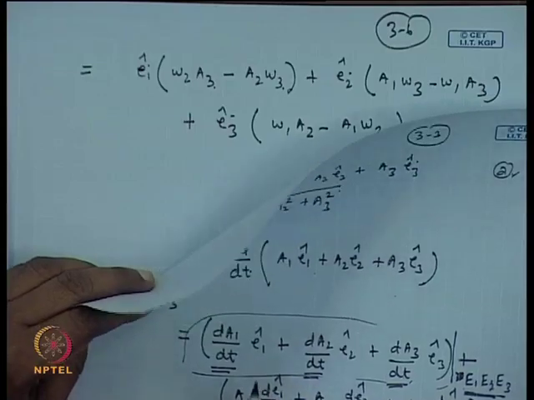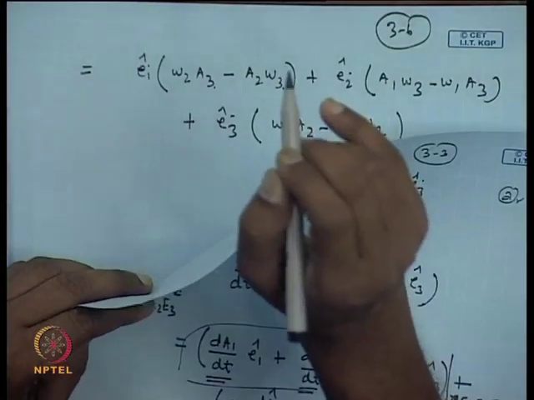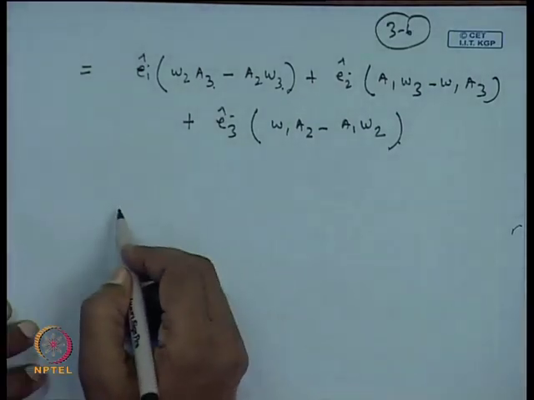Sorry, the vector is in the direction of E 3 and omega 3 is manifesting. This figure has gone. Let me make another figure here.